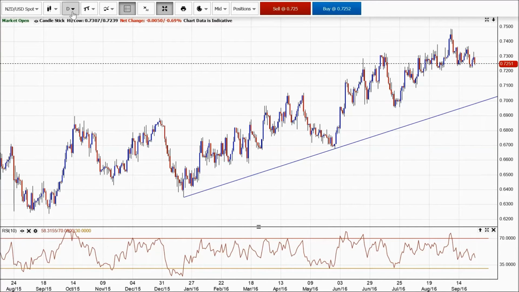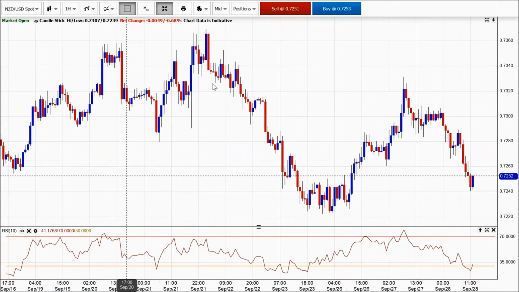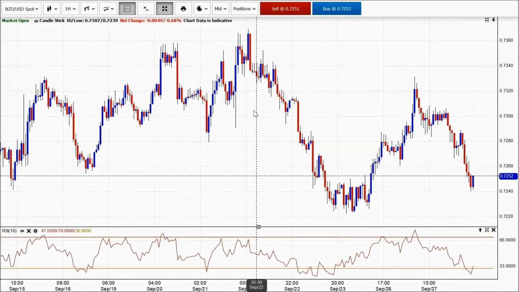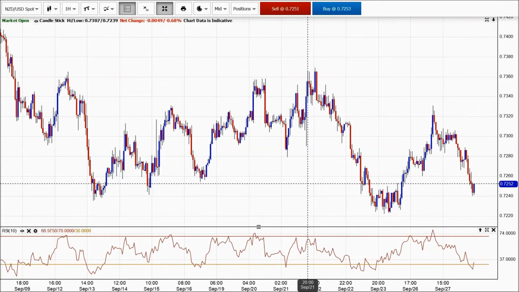And I'm sure this was another one from Twitter as well, where I was a little bit early. I think it was last Friday, where, a bit like that euro dollar chart we looked at, the New Zealand dollar, the Kiwi, had pushed out to a fresh high within this trend here, but then sold off quite heavily.